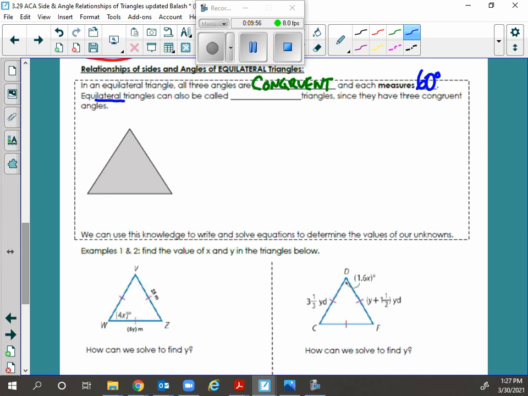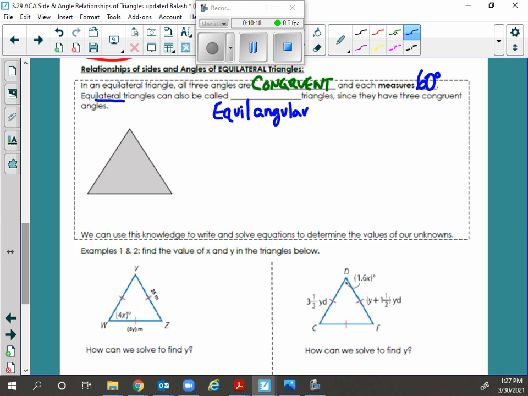If we replace it with this word equiangular, it's the same prefix, E-Q-U-I-L, and we're going to put after it the word angular, A-N-G-U-L-A-R. Equiangular means all of the angles are the same, since they have 3 congruent angles.